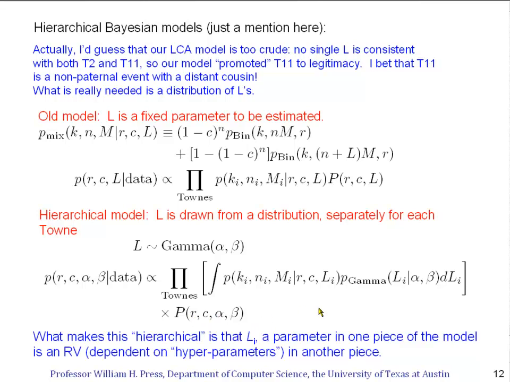So what makes this model hierarchical is that Li is a parameter in one piece of the model, namely in this inner piece here, but it's a draw from a distribution in a higher piece in the hierarchical model, namely the part that tells what is the distribution of L's. And the higher part is where the dependency on these hyperparameters alpha and beta comes in.